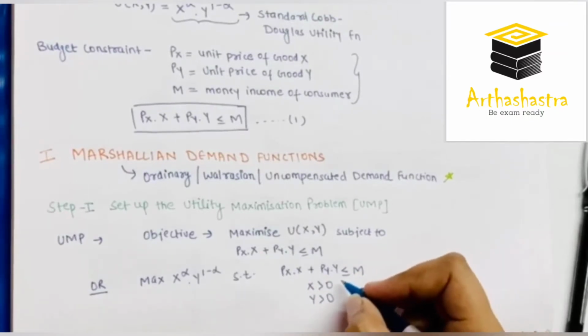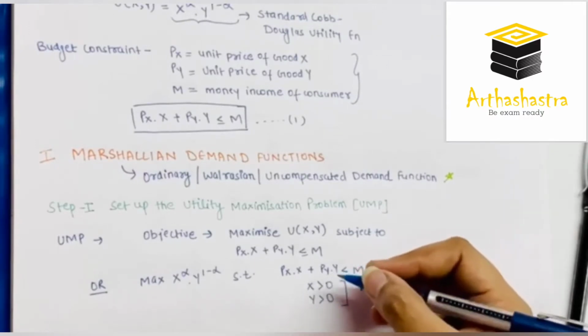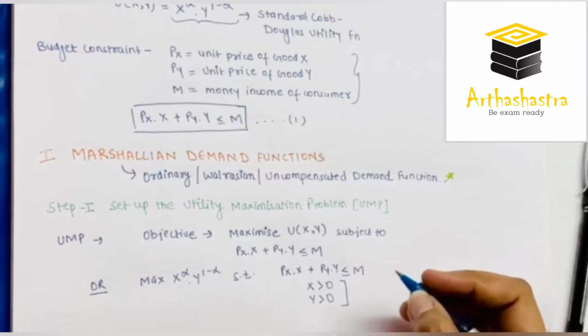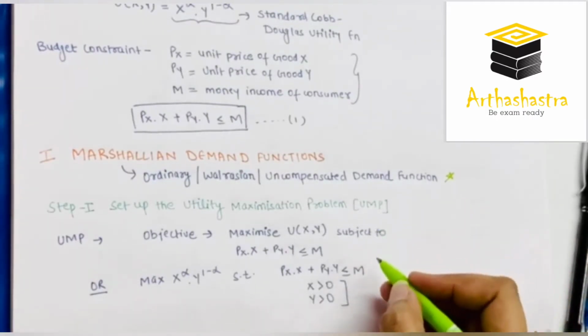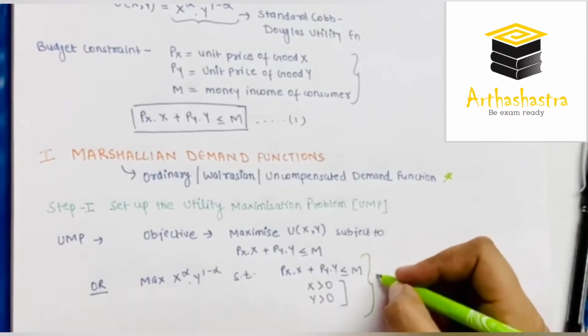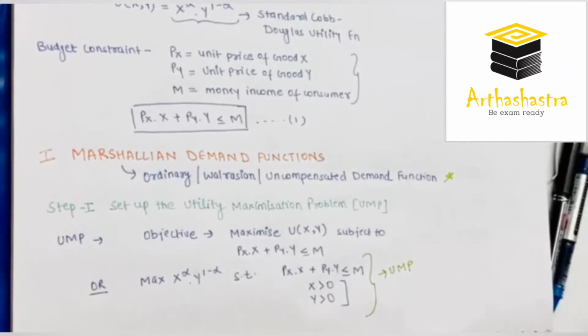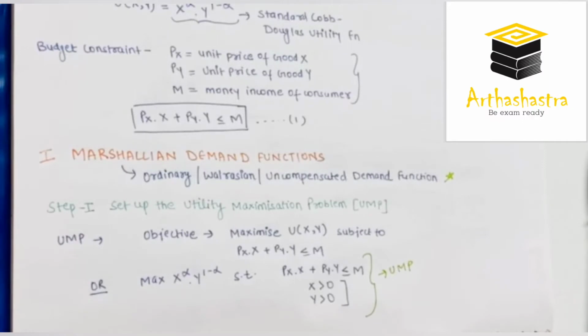These are two additional constraints which mean that the consumption of x and y are non-zero and non-negative, and this entire setup is our UMP. You have to mention that this entire setup is our UMP. Now we try to solve it.